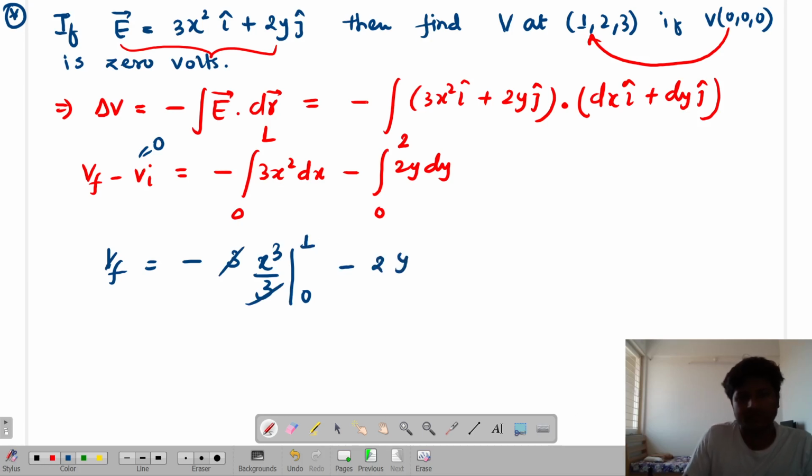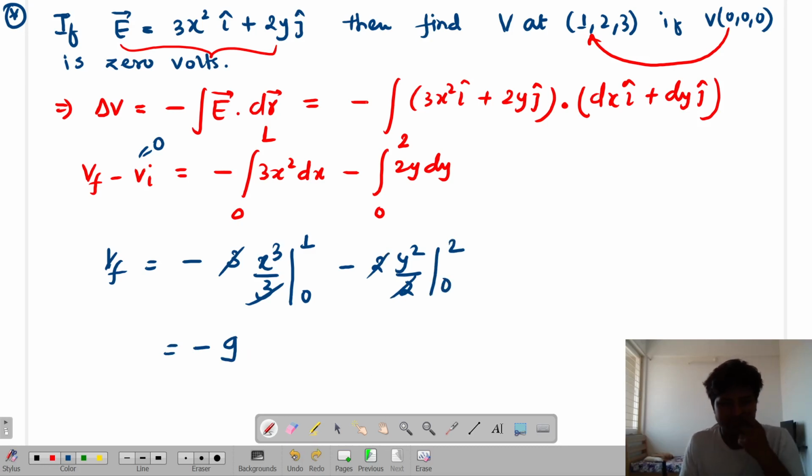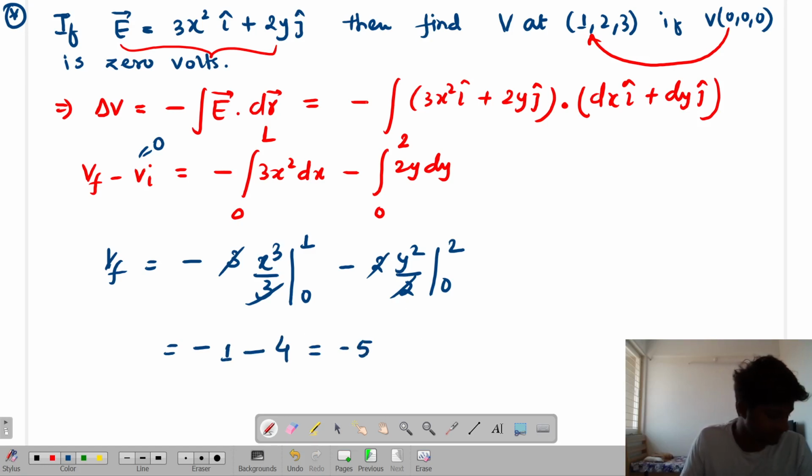Minus 2y square by 2, 0 to 2, right or not? So this and this got cancelled. So answer is minus 9. Sorry, minus 1 and minus 4, which is minus 5 volts. That's your answer. Got it or not? Is that clear?